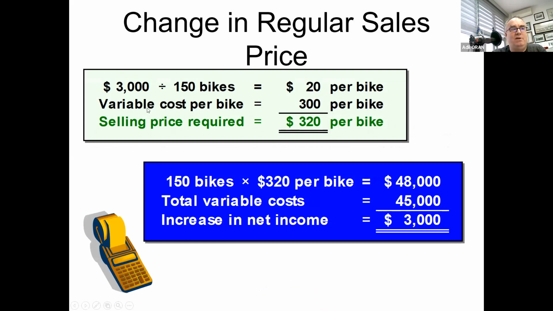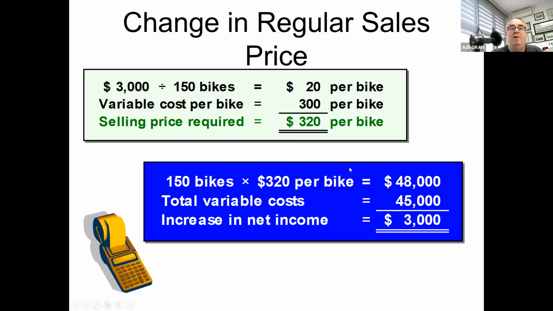So if the original variable cost had been costing us 300, if we're able to sell those bicycles for 320, hey, all of a sudden, we are meeting our additional profit target of $3,000 extra if we're able to sell just those new bicycles for 320 each, as opposed to selling them for 500. So it's a big discount.